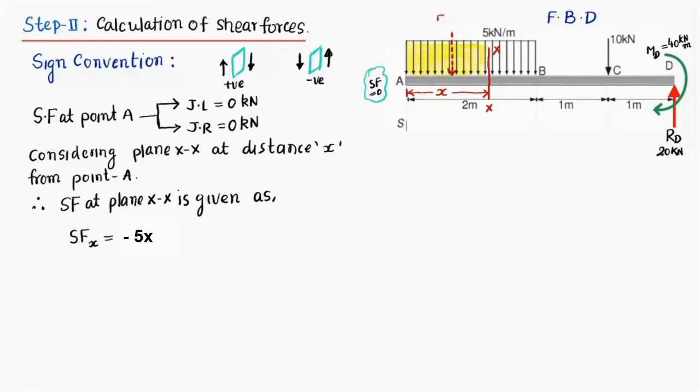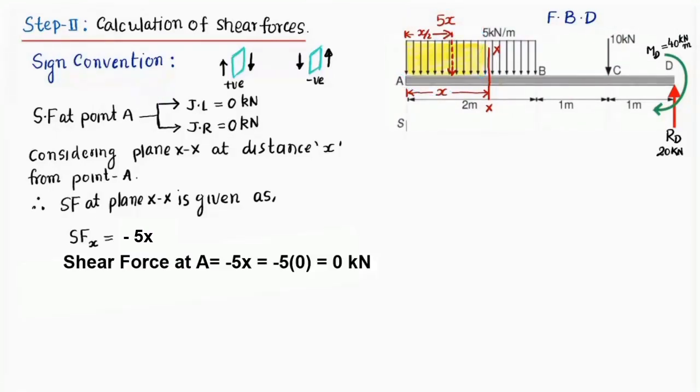So it is going to be 5 times x, and it will be acting at the distance x by 2 from point A, because it is uniformly distributed load. So shear force at section XX would be simply 5 into x. You can see here we don't have any other force acting over here, right? Because of this only there will be shear force at section XX. So we got the expression.